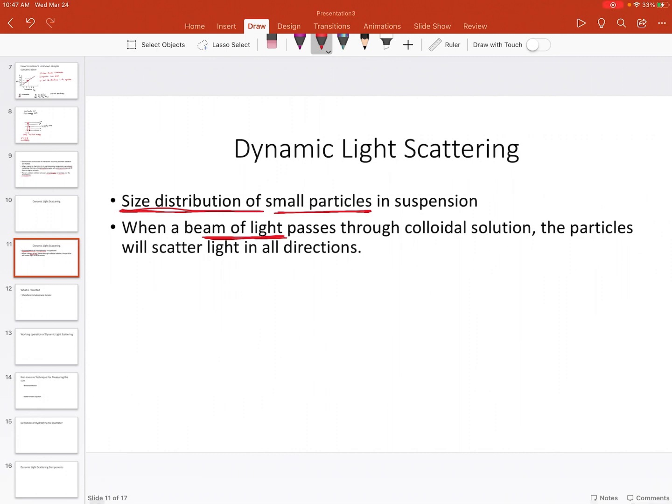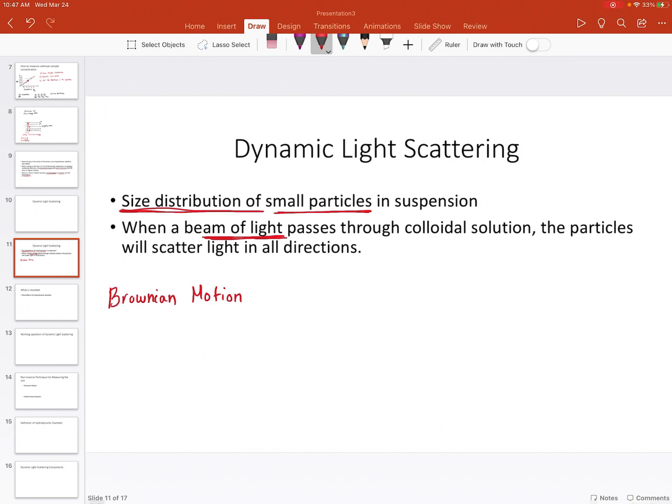So particles that are dispersed in a solvent are in constant motion because of the Brownian motion. The Brownian motion of particles, which this technique is based on, means that particles that are dispersed or suspended in a solvent are in constant motion.